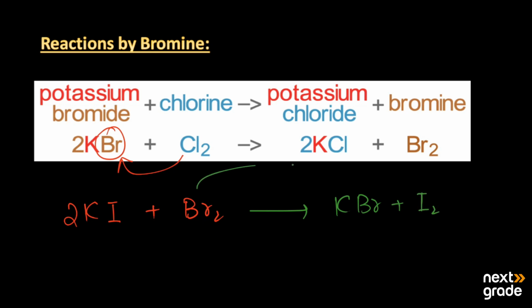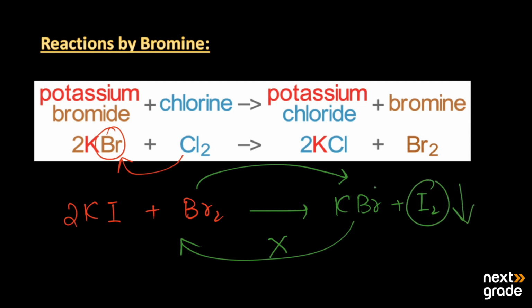This reaction can happen in the forward direction, but it cannot take place in the reverse direction because iodine has less oxidizing power than bromine. So only the halogen which has more oxidizing power, or which is higher in the order, can displace the other halogens, but not when it is at a lower level.